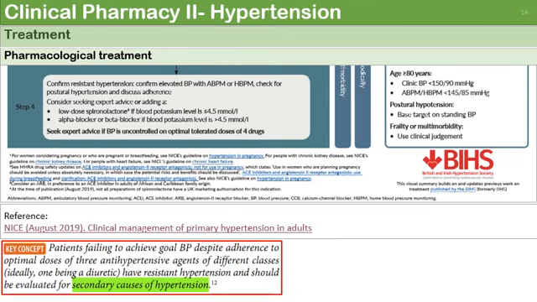Alpha blocker or beta blocker with vasodilatory effect may be used if the serum potassium is greater than 4.5. Okay, this is a nice guideline from August 2019.